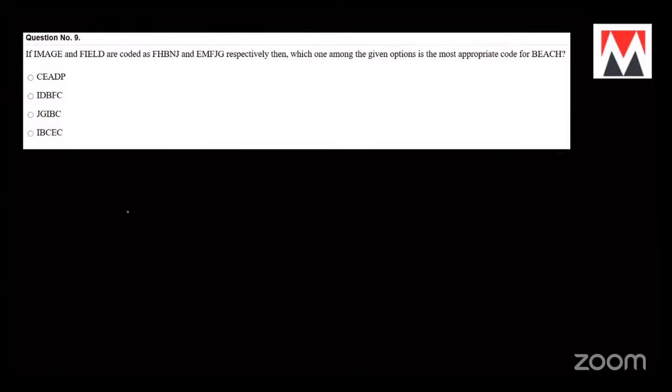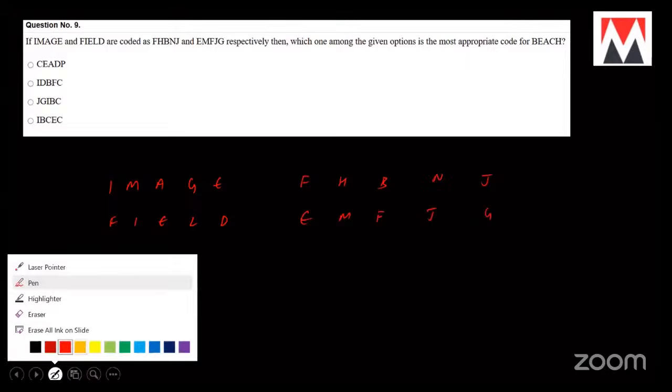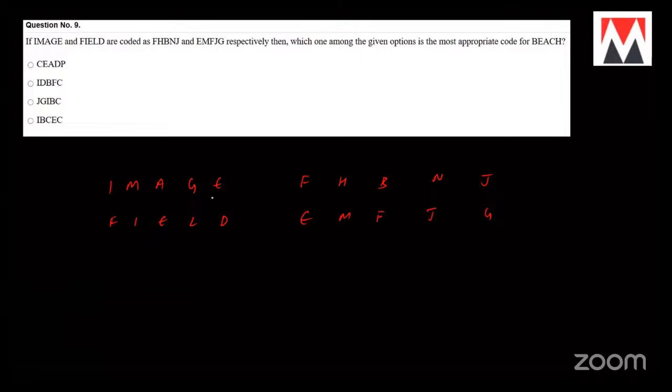So it is given as image and field, FIELD. FHBNJ is given as EMFJG. You see clearly, EDIFIELD, okay, image is given as this.